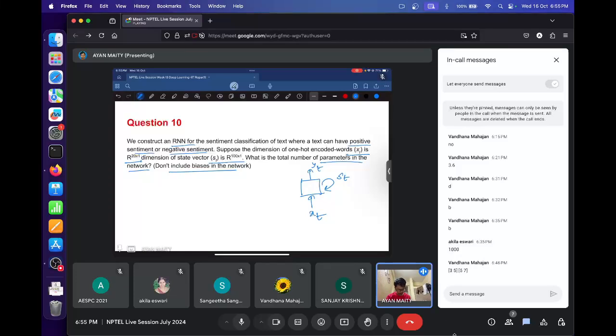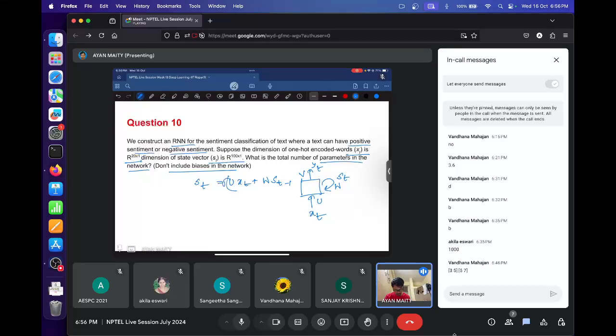So the xt goes via matrix U, the st is multiplied by matrix W, and the output yt goes via this matrix V. The equations are st equals sigma of U xt plus W st minus 1.